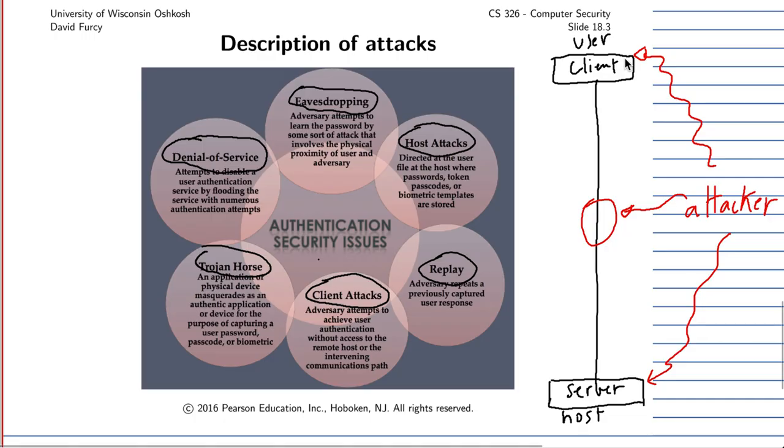So this was a quick overview of the possible attacks in a scenario in which we have remote user authentication. And in the rest of this lecture, we're going to focus on ways to protect against such attacks.